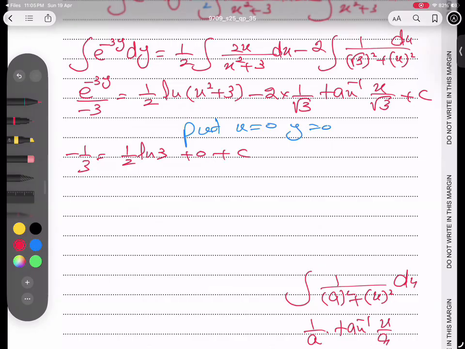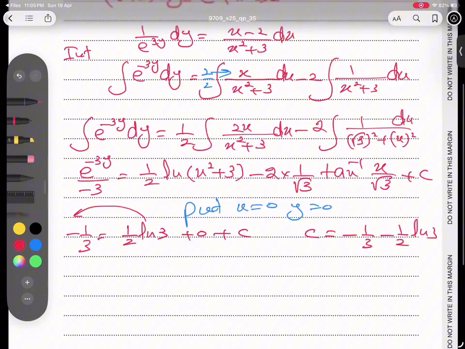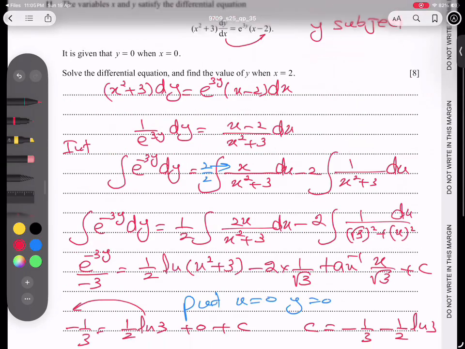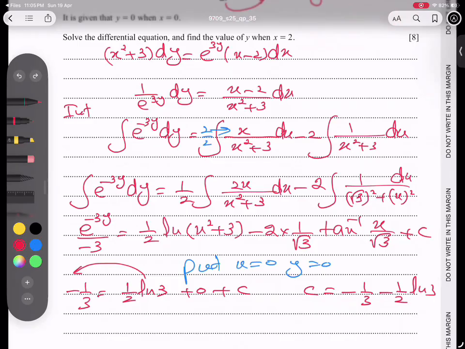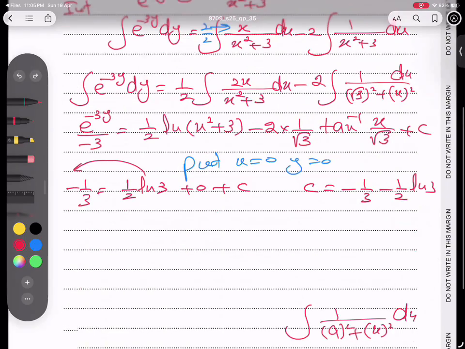So if we see, the C value turns out to be what? C value is negative 1 over 3, negative 1 over 2 log of 3. And ultimately, because we don't need a special form, except this value, I'm going to plug it in here, and then I plug in x value 2, and the game is done, inshallah.